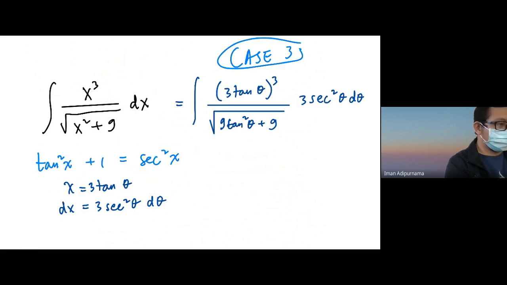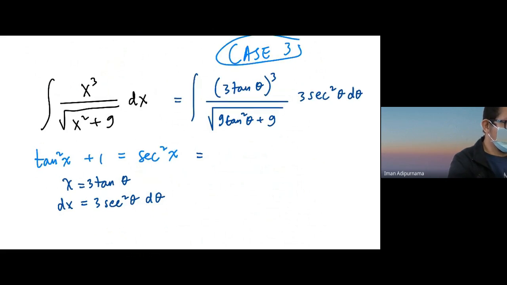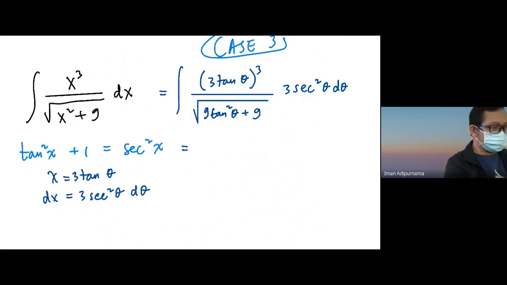Now let's simplify this. Tangent squared plus 1 is secant squared, so the bottom will be 9 secant squared theta, or 3 secant theta.